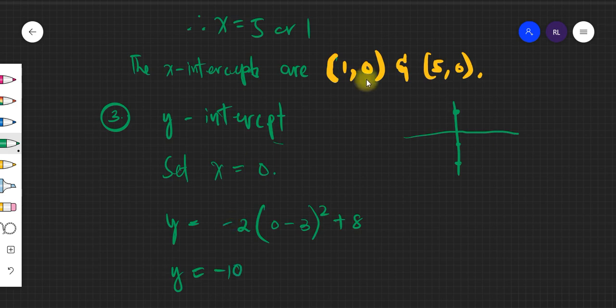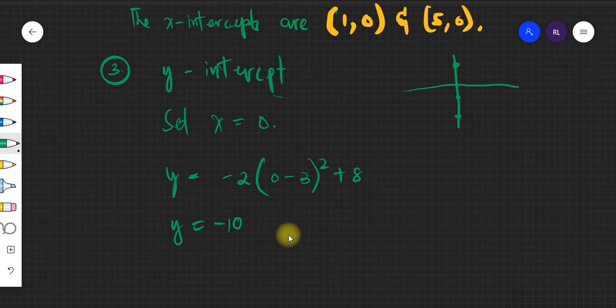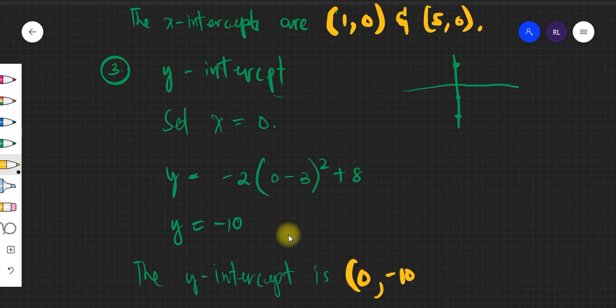So meaning going downward, the graph will pass through 1, 0 and 5, 0 on the x-axis, and upon going down will also pass through 0, negative 10. So the y-intercept is 0, negative 10.